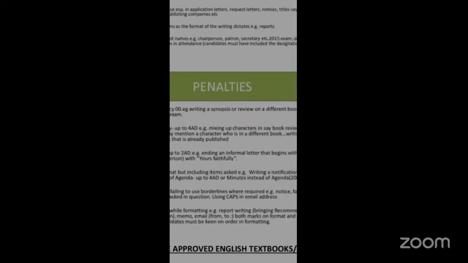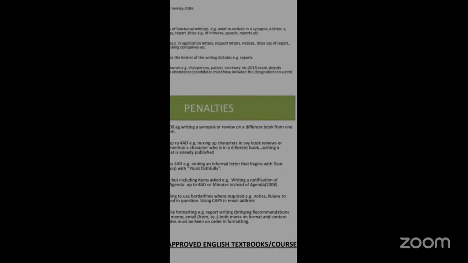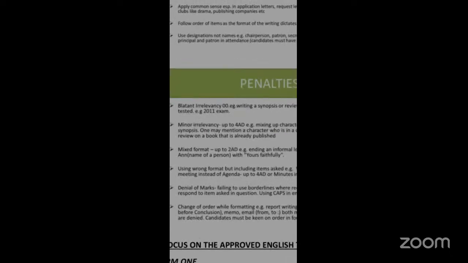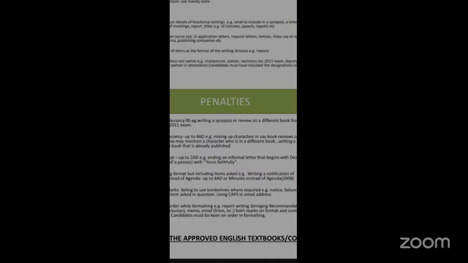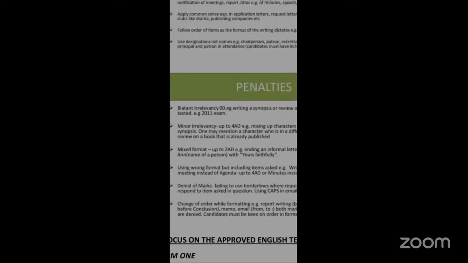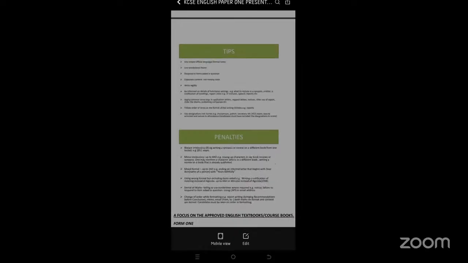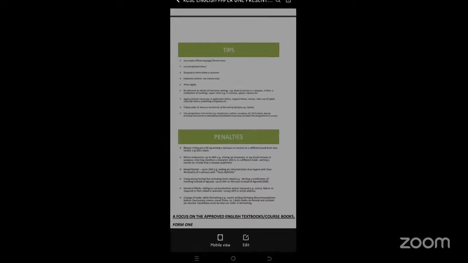Okay? So, for example, this is where you even mix up characters. In a book review or synopsis, one may mention a character who is in a different book. You have been asked to do a synopsis of the Samaritan.